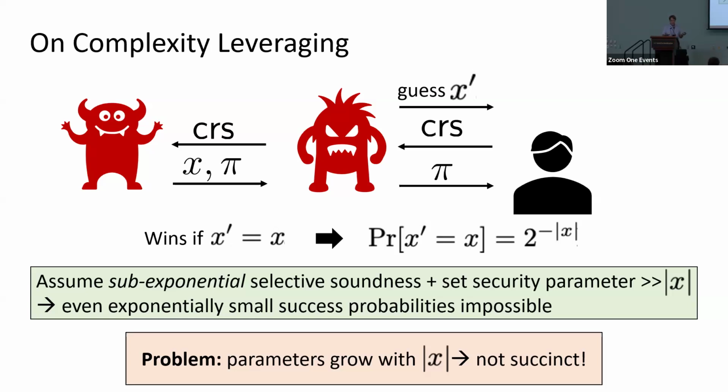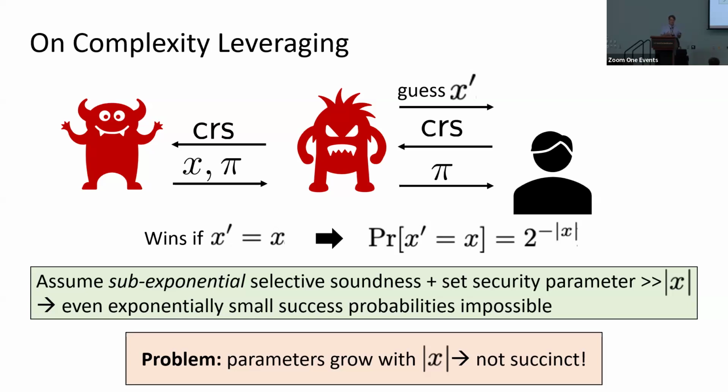So there's a loss in this reduction. What is the loss? Well, it is just 1 over the total number of statements. And as long as we can actually prove that our selective sound SNARK is secure even with really, really tiny success probabilities, things that scale with 2 to the minus instance length, then we will get this proof to work and we will rule out such an adaptive adversary.